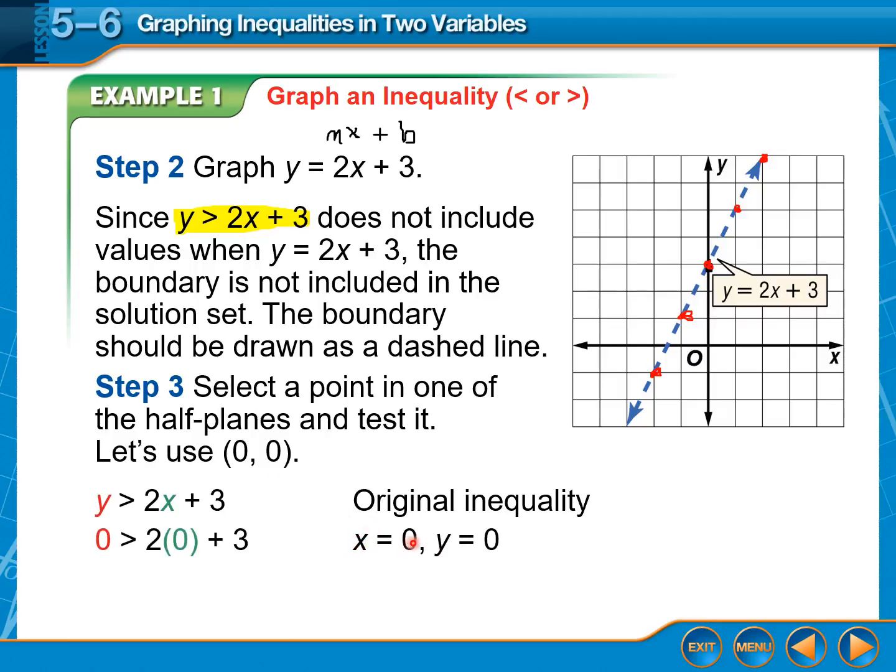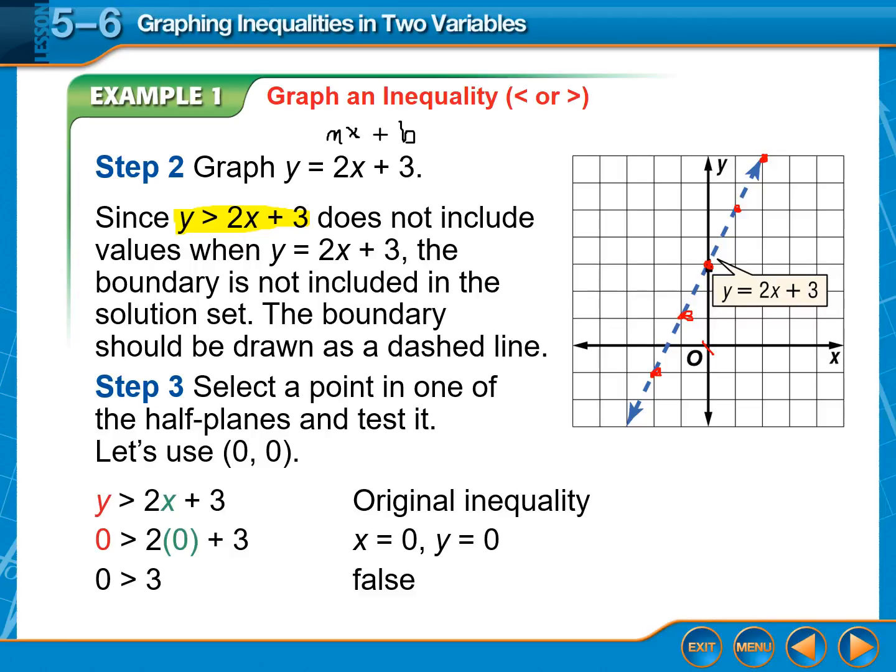And so if x is 0 and y is 0, we replace x and y. 0 is greater than 2 times 0 plus 3. 2 times 0 is 0. 0 plus 3 is 3. So the inequality that I get is 0 is greater than 3. Now, is that true? No, it's false, which means that 0, 0 does not make the inequality true.